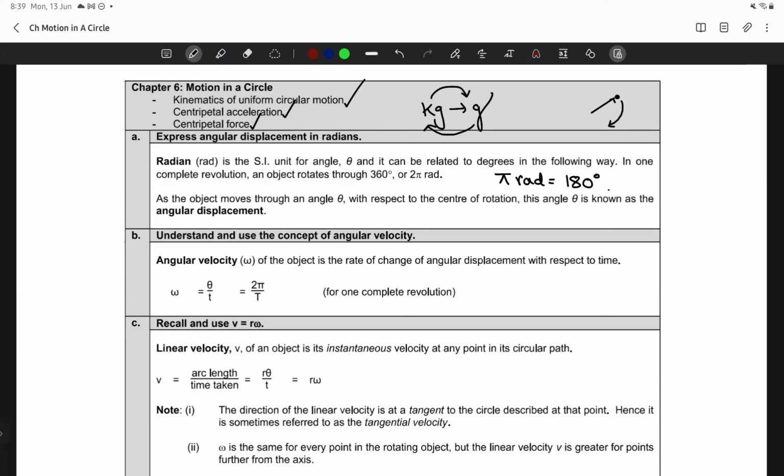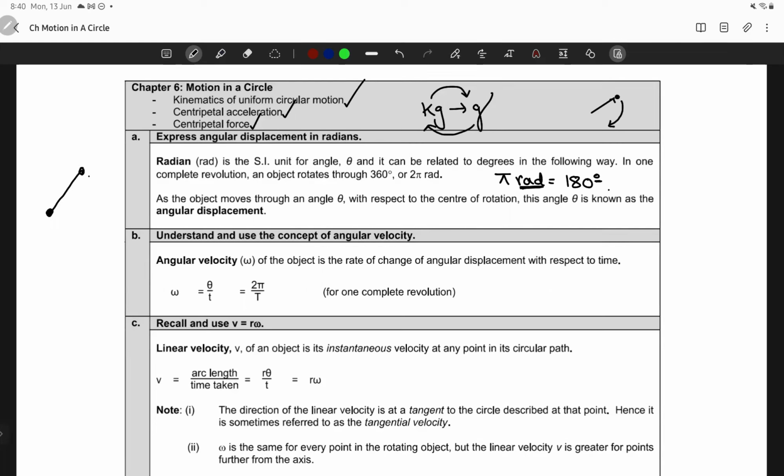Okay. So we have pi radians is 180 degrees. So that's the relationship between radians and degrees. When an object is moving through an angle with respect to the center of the rotation, the angle theta is known as the angular displacement. So something is bound to this center point, and it's moving about this center.